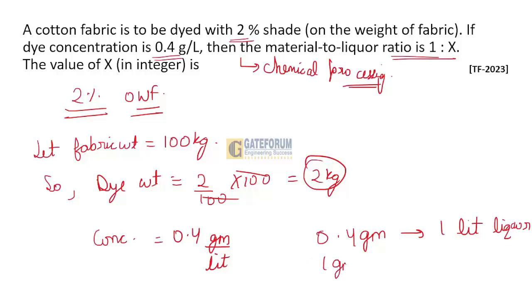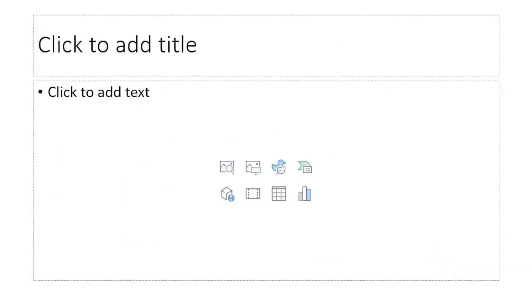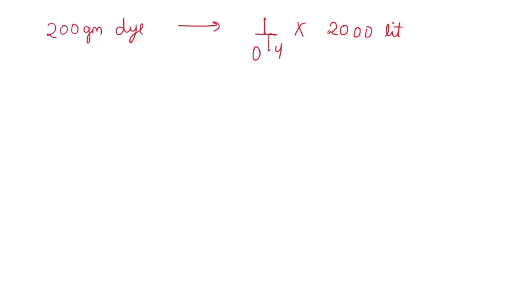So for 1 gram it is 1 upon 0.4 liters. So for 2000 gram dye, the liquor is 1 upon 0.4 into 2000, which is 5,000 liters.